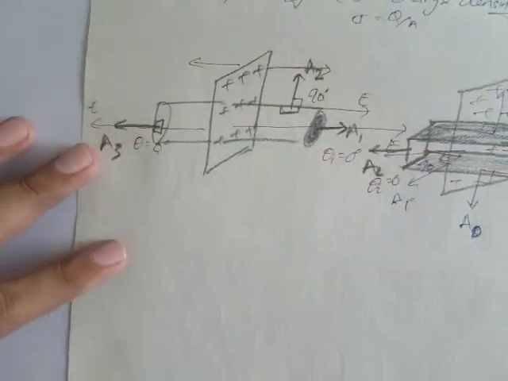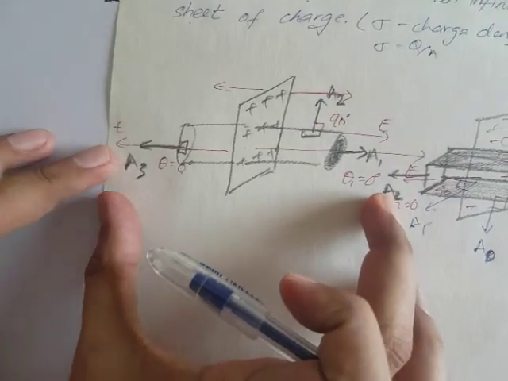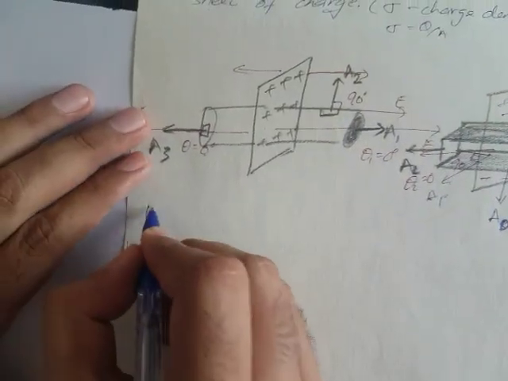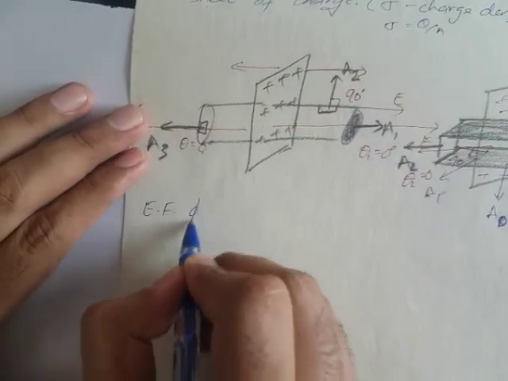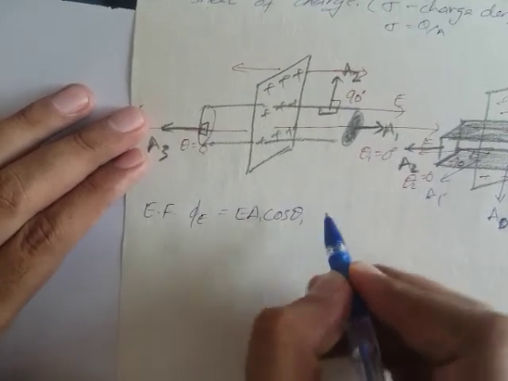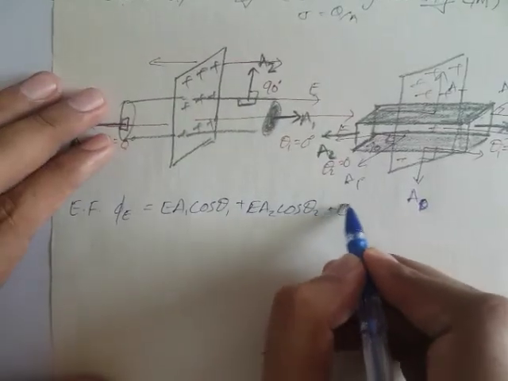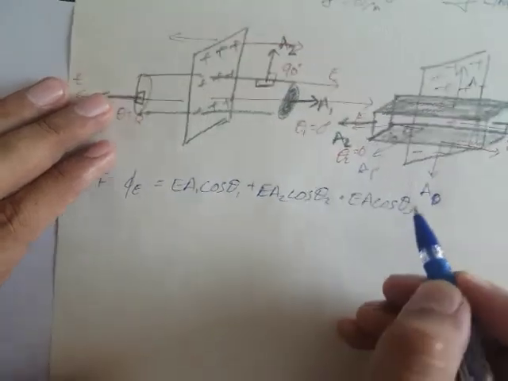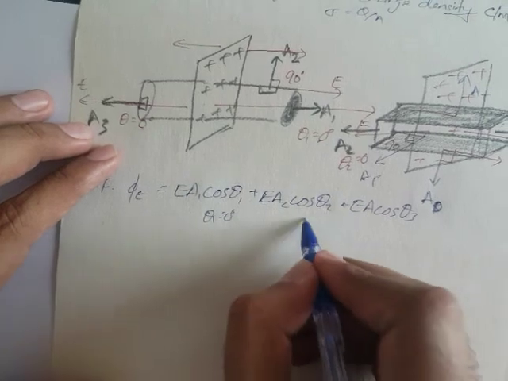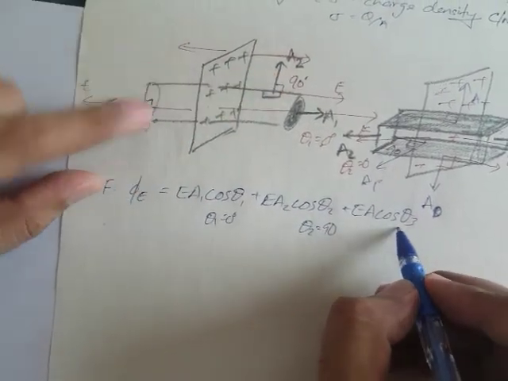As per the electric flux formula, we calculate it. Since there are 6 sides, it is lengthy to write. The flux can be written as EA1 cos theta 1 plus EA2 cos theta 2 plus EA3 cos theta 3. Theta 1 is 0 degrees, theta 2 is 90 degrees, and theta 3 is 0 degrees.